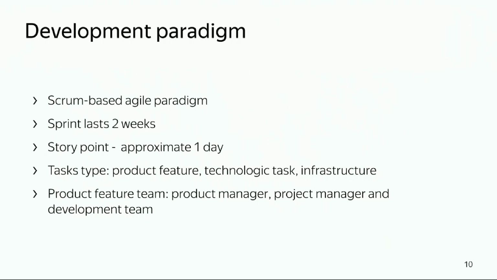And we have several task types in our development process. There are product feature, technology task, and infrastructure task. So if you see our tracker, you will find only these types of tasks. The product feature is the feature which is available for the user.